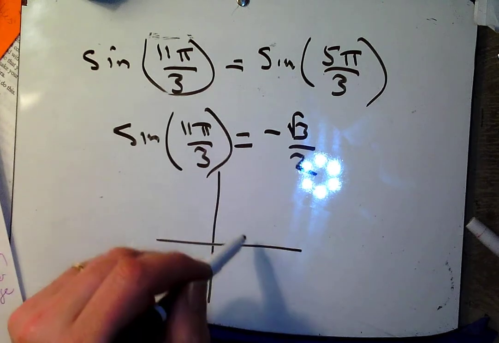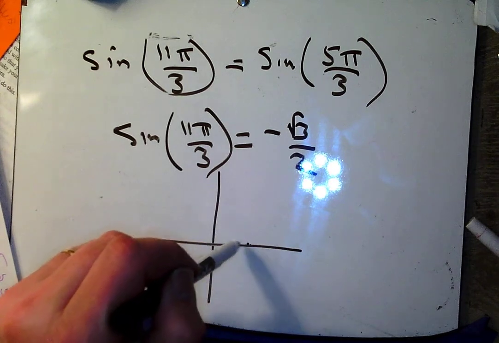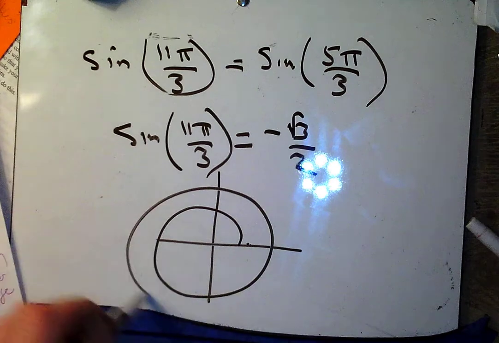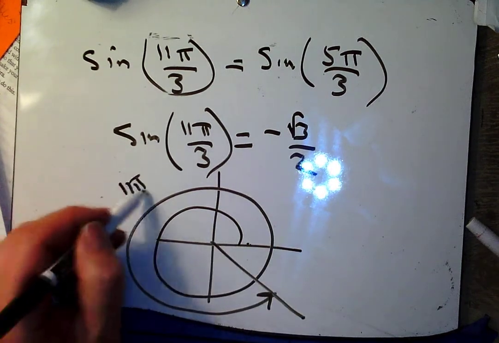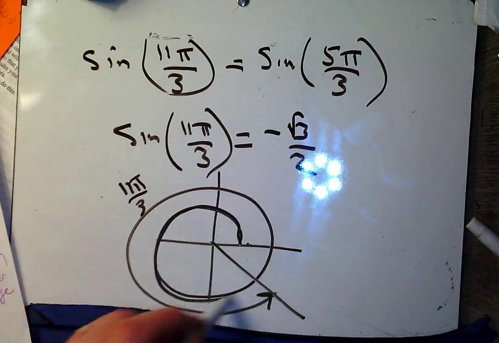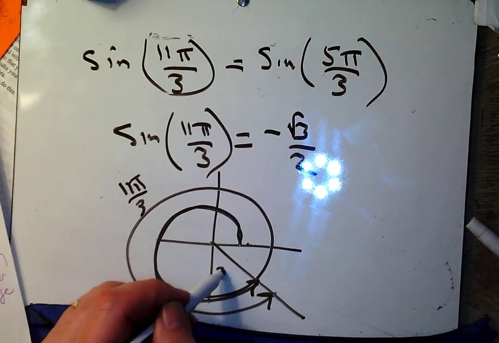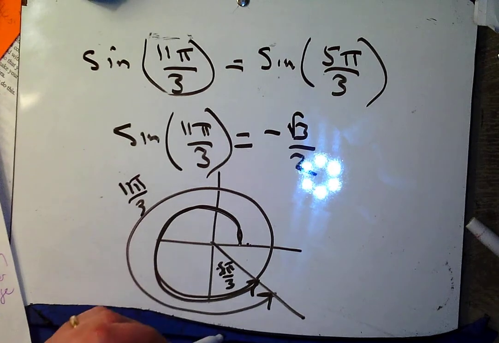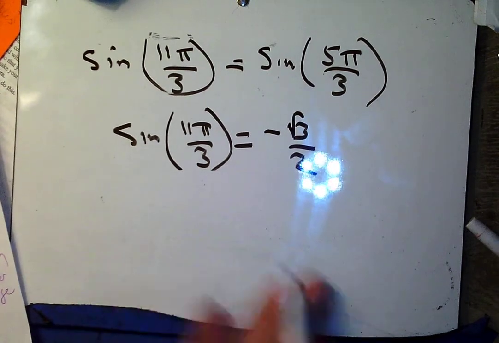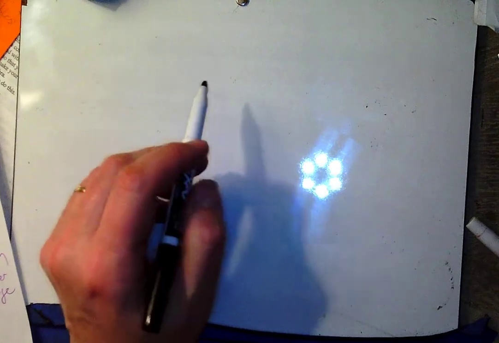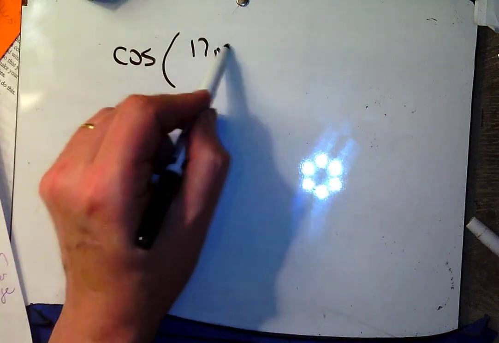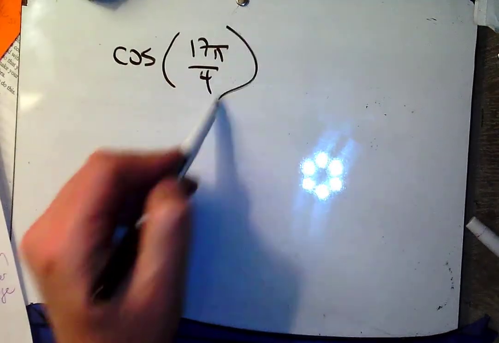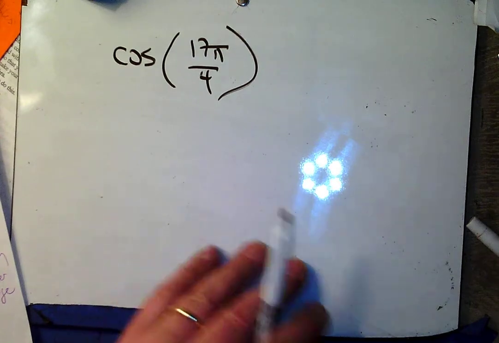Because when I think about the rotation, this is 11 pi over 3. But if I stop here, then I'm only at 5 pi over 3. Okay, so I'm going to be giving you some angles that are too big for our 0 to 2 pi. Cosine 17 pi over 4. What's the cosine of 17 pi over 4?